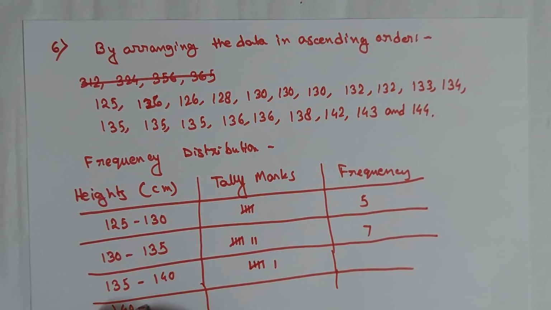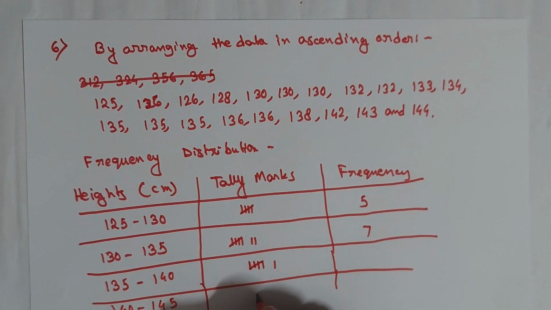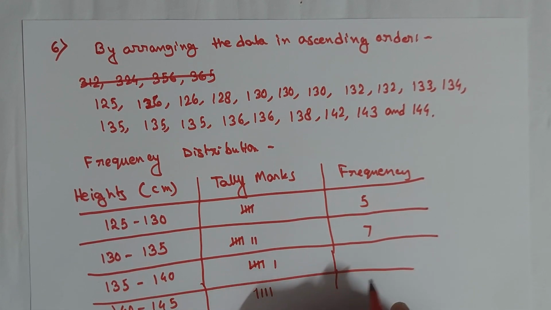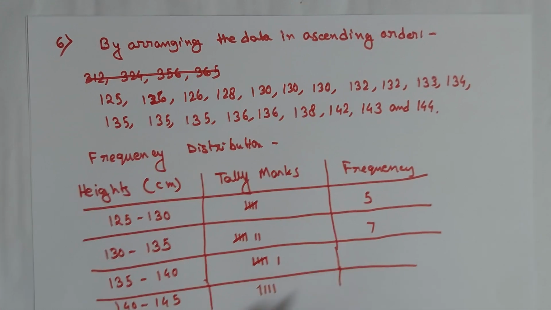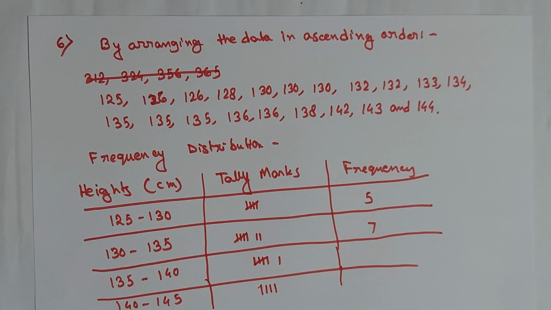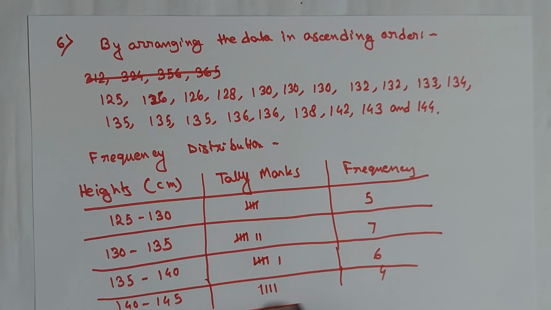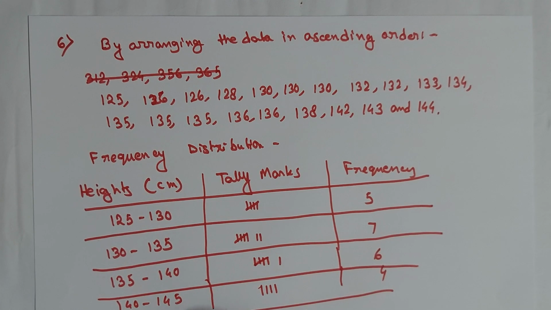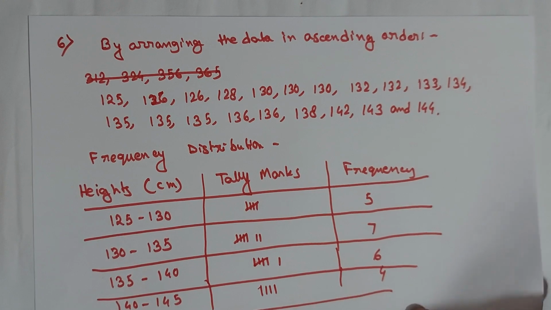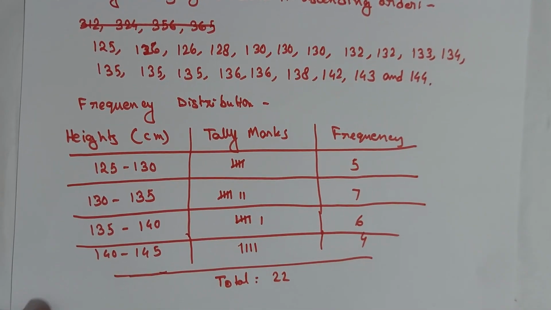Then 140 to 145 is 5 or 4. So the total will be 22.